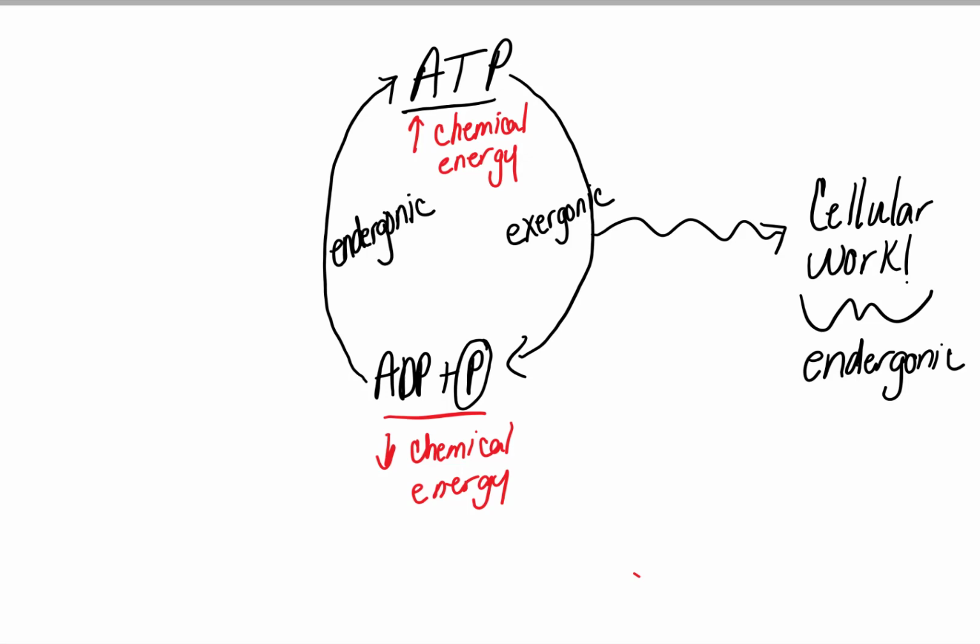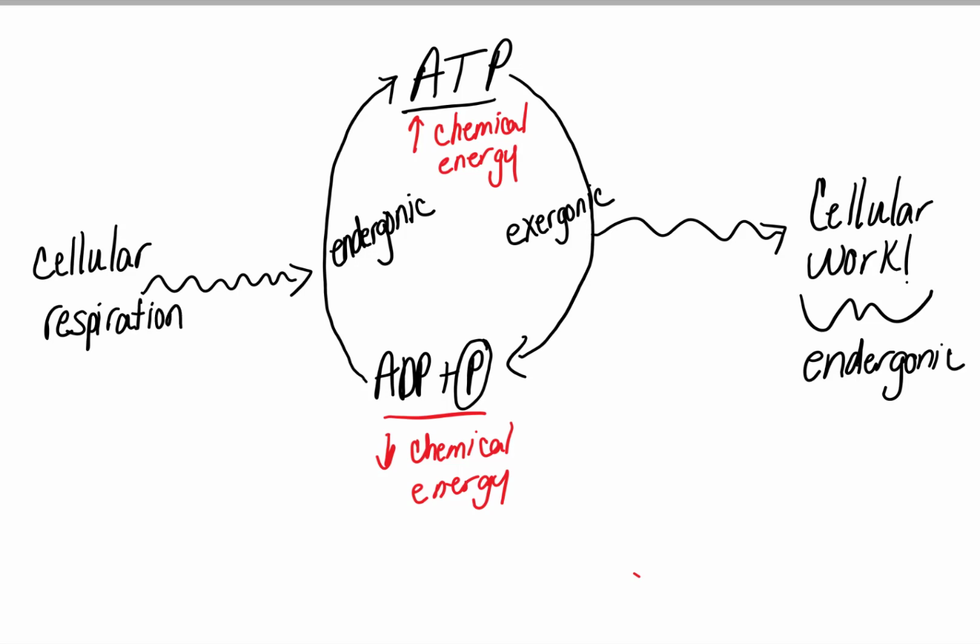This is going to require an input of energy to generate these higher chemical energy products. So I'm going to represent that as a wavy line. We need energy to go in to drive that endergonic reaction. And in this case, that energy is going to come from the breakdown of glucose in our topic of this module, which is cellular respiration.